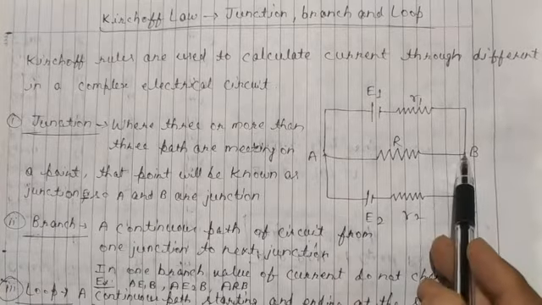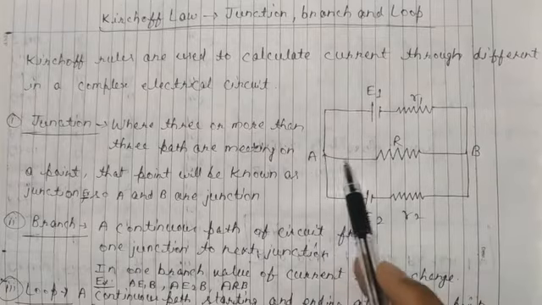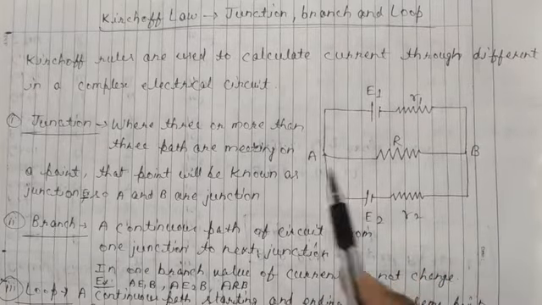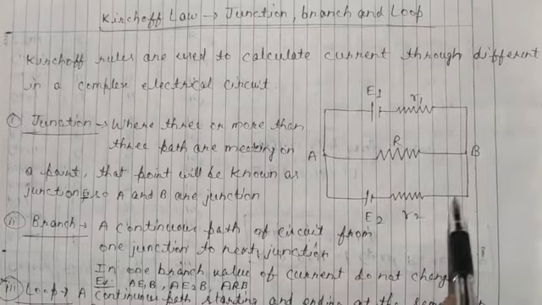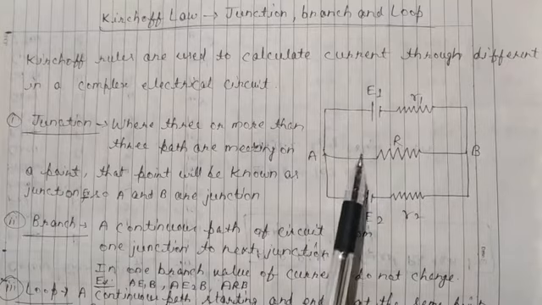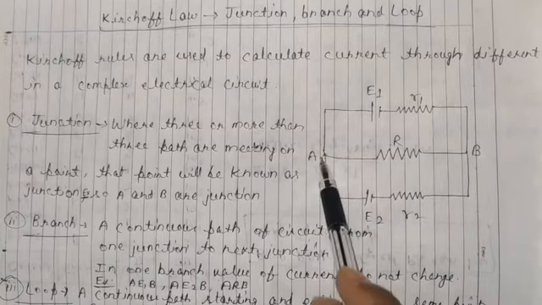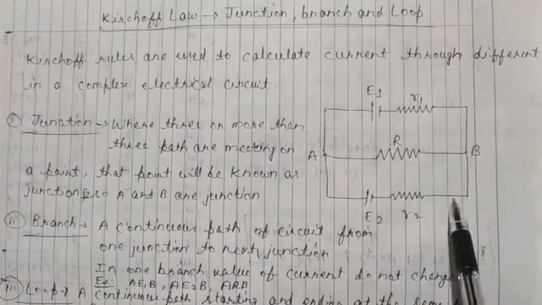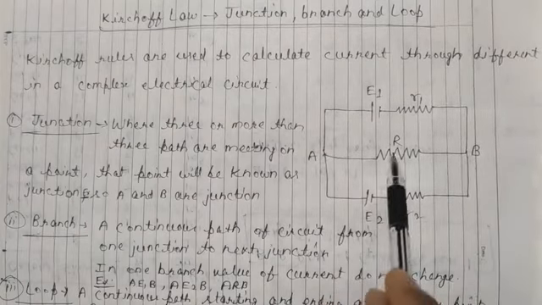From A to B, this is one branch, this is another branch, and this is another branch. So this circuit has got 3 branches: A E1 B, A E2 B, and A R B.